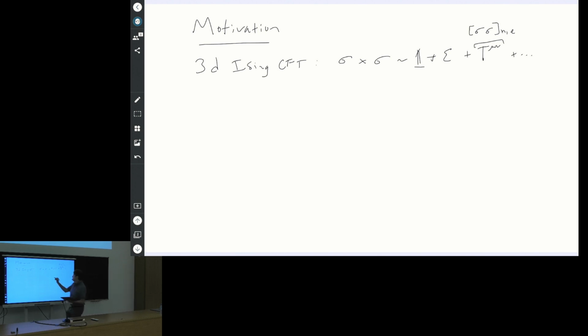The sigma epsilon OPE only contains Z2 odd operators, so it contains sigma and sigma prime plus more. And so there's been some great progress by considering 4-point functions involving sigma and epsilon.